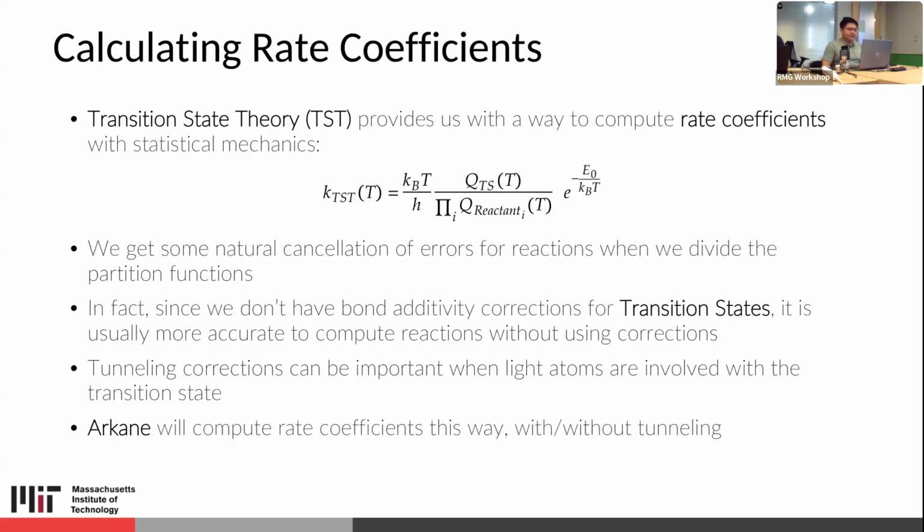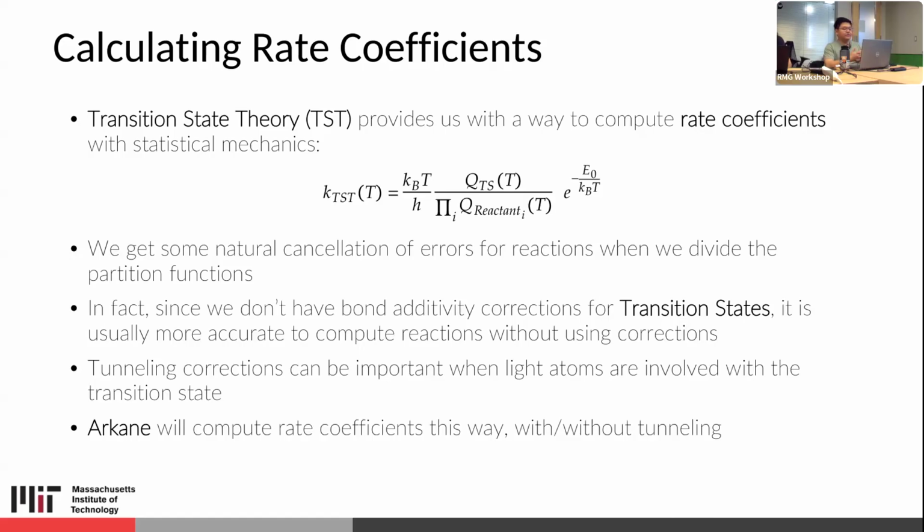If you want to get rate coefficients, we can use transition state theory, and again, Arkane will take care of it for us. But here, it's related to the partition function of the transition state and the partition function of the reactants, and the difference in energies between them. And we can get a lot of natural cancellation of errors for reactions, and therefore we don't really have bond additivity corrections for transition states.